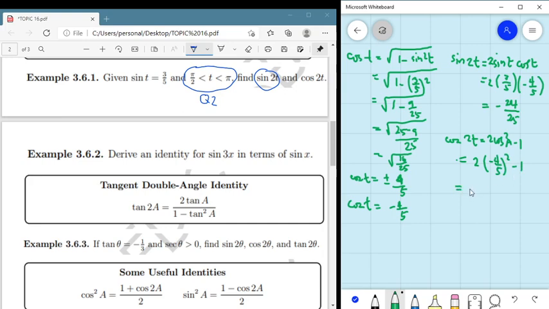Simplifying, we have 2 times 16 over 25 minus 1, which is 32 over 25 minus 25 over 25. So the answer is 7 over 25. So the answer for sine 2t is negative 24 over 25 and cosine 2t is 7 over 25.